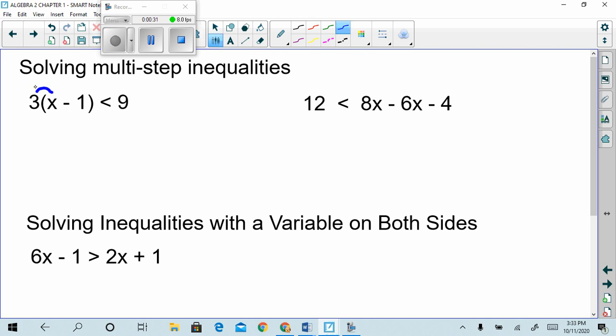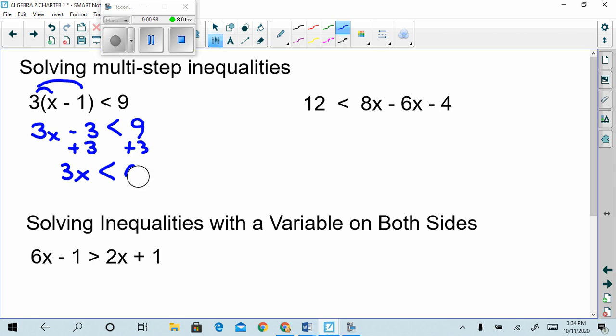When we see problems that have parentheses or like terms, simplify them first. 3 times x is 3x, and 3 times 1 is 3, and that's less than 9. We'll then add 3 to both sides, and we'll get 3x is less than 12.